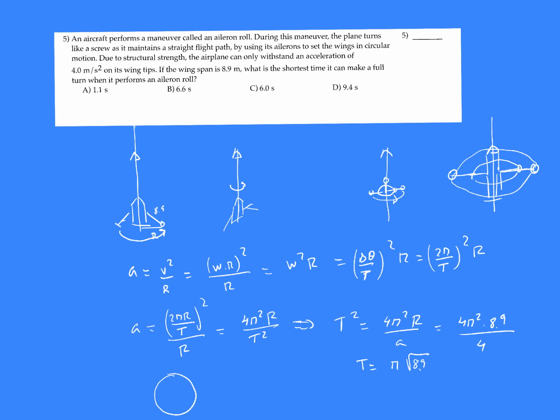The problem says that if you can only create an acceleration of 4 meters per second squared, and the radius of the wing is 8.9 meters, what is the shortest time it can make a full turn when it performs an aileron roll? I suppose this is an aileron roll, but I'm not sure.